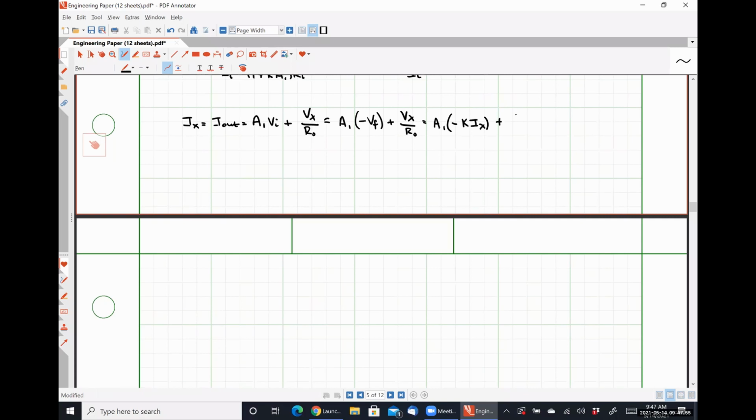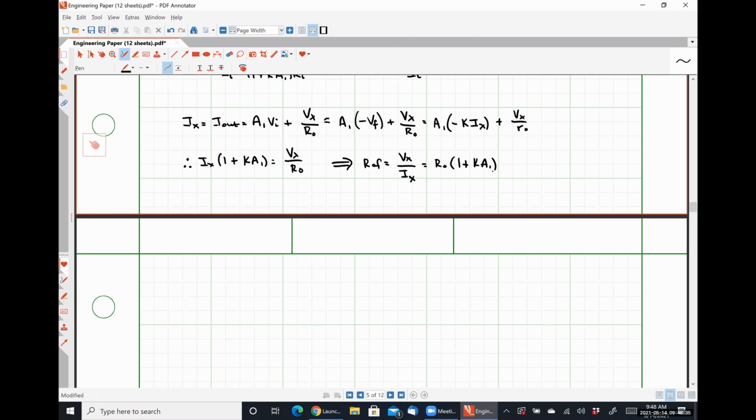To this, I add my term Vx over R_o, and then with the tiniest amount of algebra, I see that Ix times (1 + K·A1) will be equal to Vx over R_o, which means that my output resistance with feedback, Vx over Ix, is R_o times (1 + K·A1).